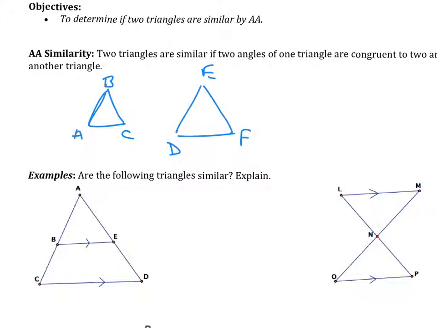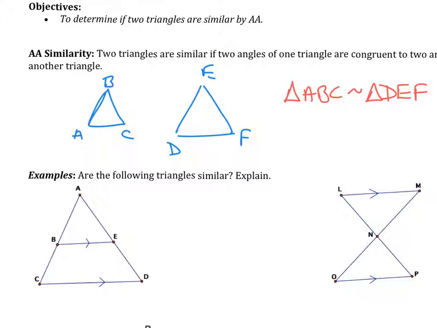So I can say that triangle ABC is similar to triangle DEF if I can show that two angles from one triangle are congruent to two angles of another triangle. So it goes back to what we just talked about with the corresponding angles being congruent.